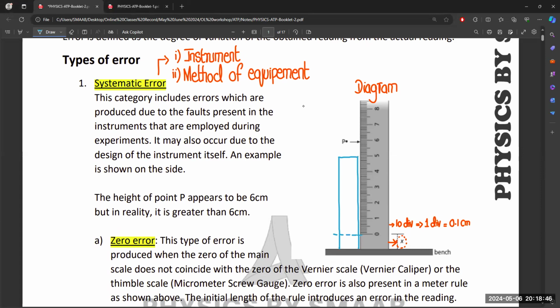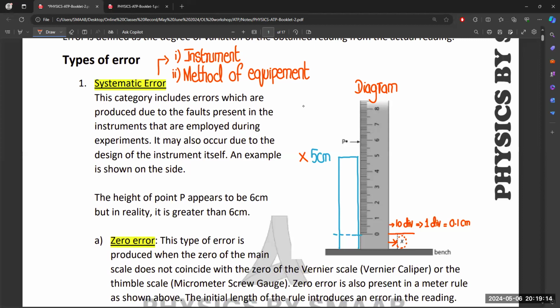And we just placed the box on the bench or the surface of that table, and we just start recording the reading, and you will get a reading of 5 centimeter. So this 5 centimeter is not the right reading. And what is the reason? Because we did not place that object at the zero of the ruler, right? For the correct reading, we have to place it at this point.